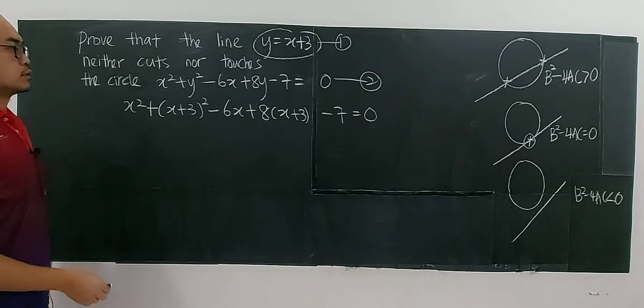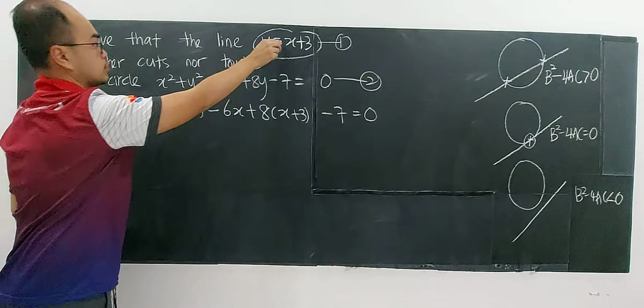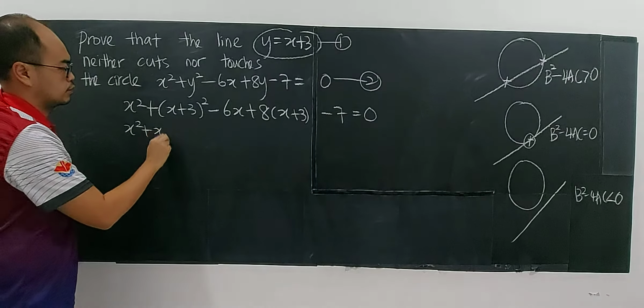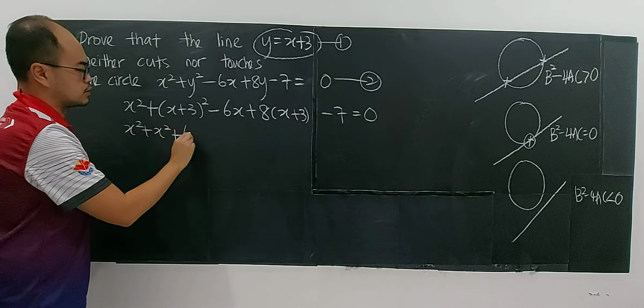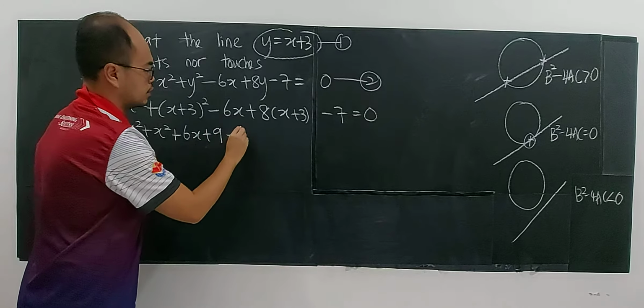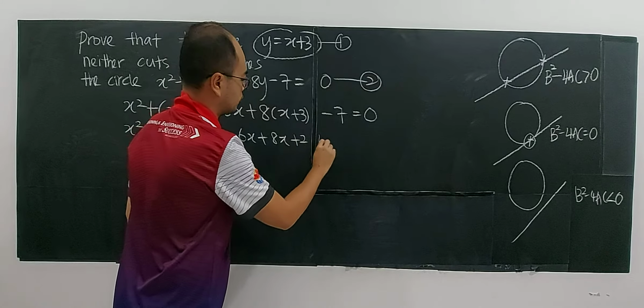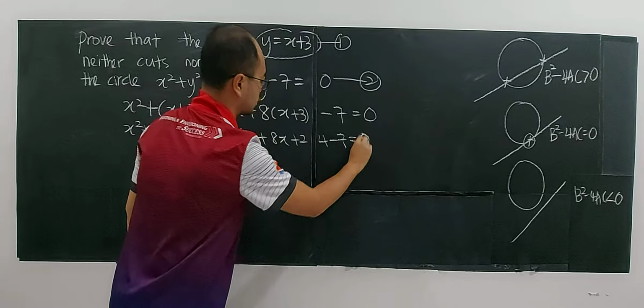Using the substitution method, I substitute: x squared plus 6x plus 9 minus 6x plus 8x plus 24 minus 7 equals 0, right?